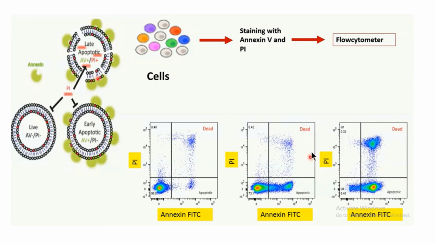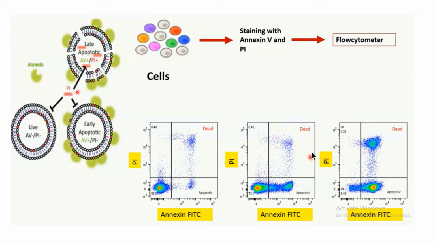So initially cells which are live and healthy cannot bind to annexin, and they cannot be stained by propidium iodide, because propidium iodide can enter only dead cells. So our live and healthy cells are annexin 5 negative and propidium iodide negative, that is PI.